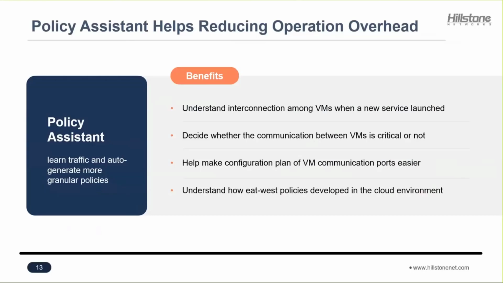So you configure a more wide open policy at first. After a period of time, the system learns what the existing traffic is between the VMs. You review the traffic, see which is legitimate versus illegitimate traffic, and configure policy to control your virtualization environment in a more fine-grained way.